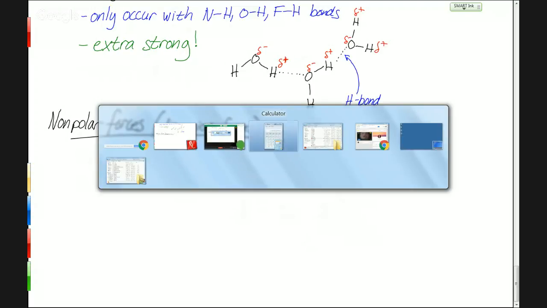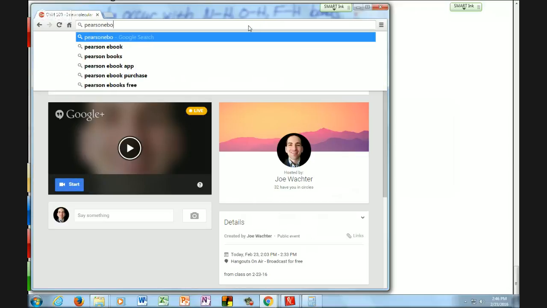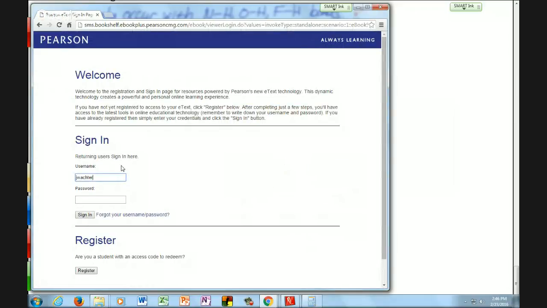And rather than draw it, I'm going to pull up a picture from the book. I have to plug in here before I do that.